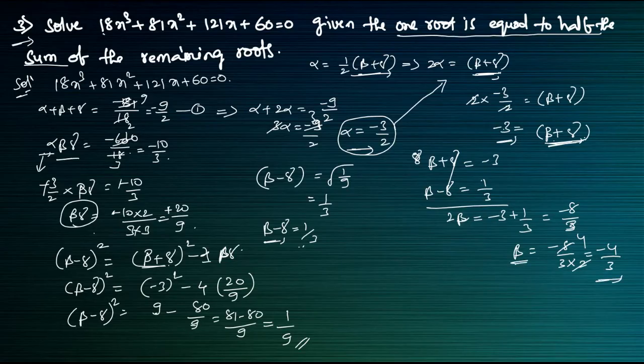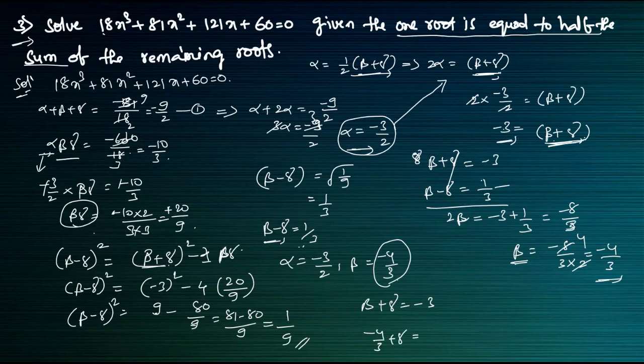So alpha is equal to minus 3 by 2 we got, and beta is equal to minus 4 by 3 we got. If I substitute this beta value in the equation beta plus gamma is equal to minus 3, minus 4 by 3 plus gamma is equal to minus 3.